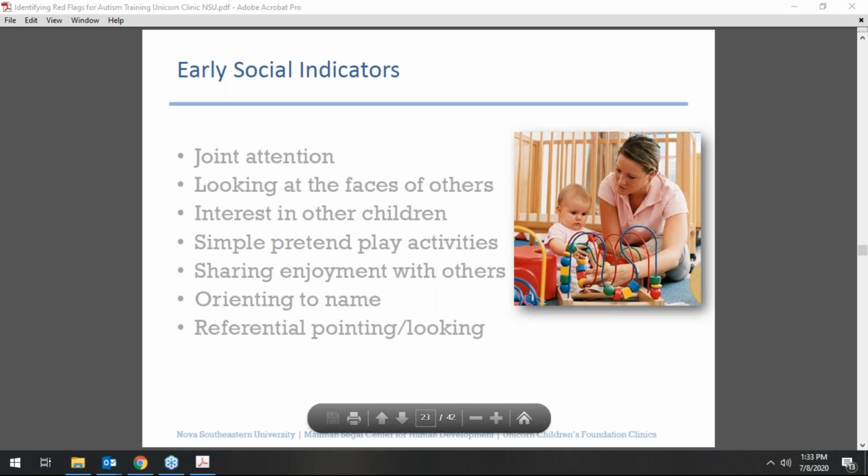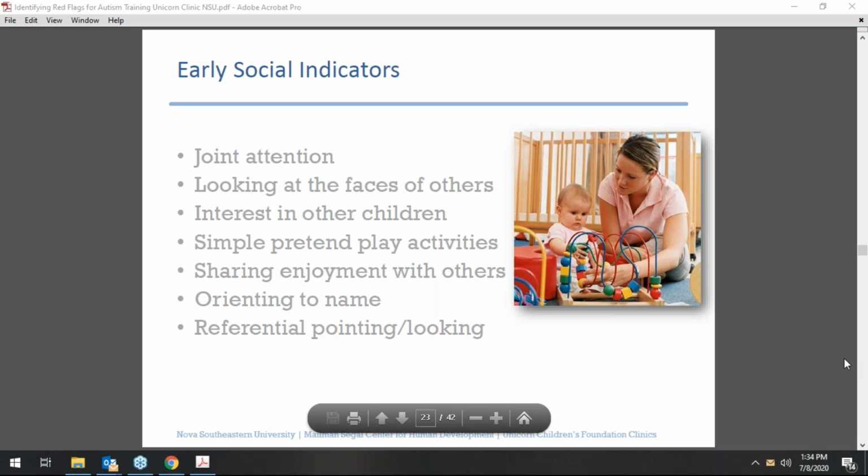That's an example of joint attention, but we see that joint attention tends to be limited in children with autism. Does that mean that a child with autism cannot engage in joint attention? No, that just means that it's more limited.